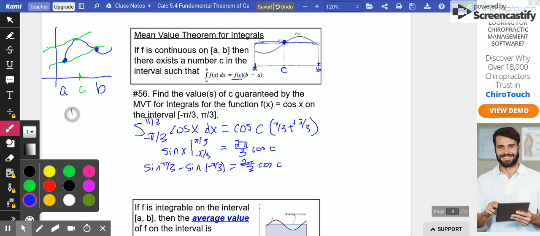Let's see, sine of pi over 3. We can draw, oh my goodness, straight lines are really hard. Pi over 3 is a 60-degree angle, so we have 1, 2, root 3. So the sine of that is going to be root 3 over 2.